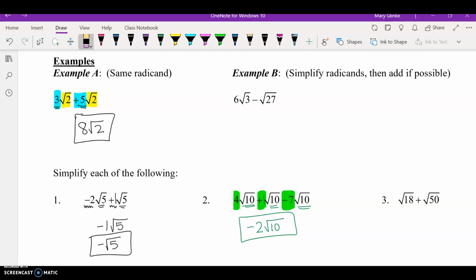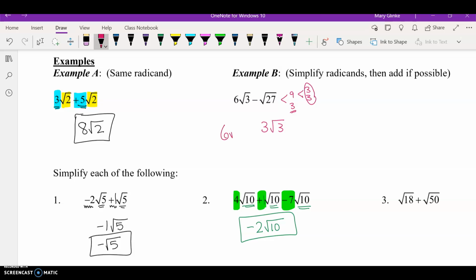So you have to ask yourself, even though these aren't alike, is there anything that breaks down? The 27 here is 9 times 3, and 9 is 3 times 3. So the pair of 3's would come out in front, and you would be left with 1 3.